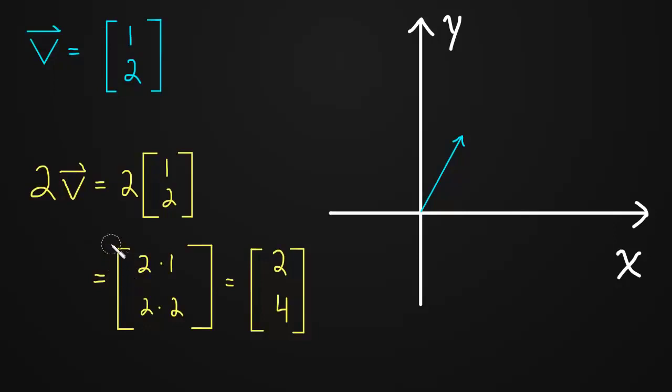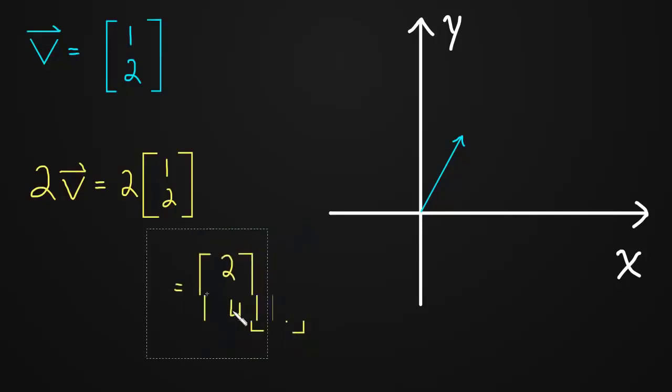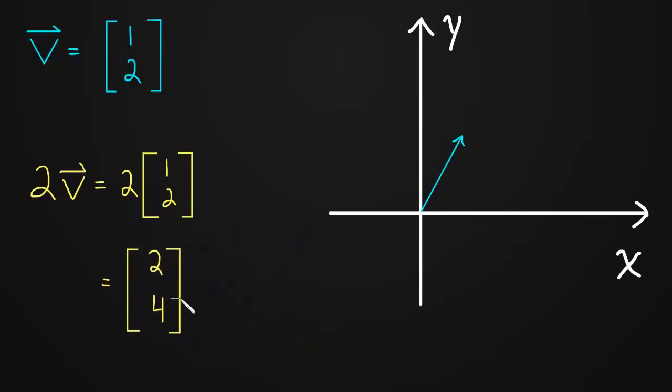And we call this number 2 a scalar multiple. And there's a good reason we call it that, because what it does is it scales the vector. Let me show you that. Here is our original vector, just v. Here is 2v. It's twice as large. In fact, let me put regular v back.